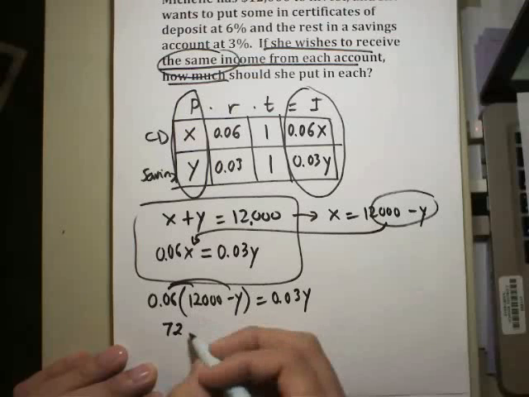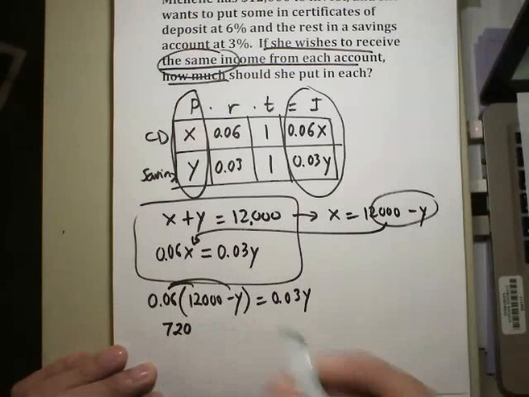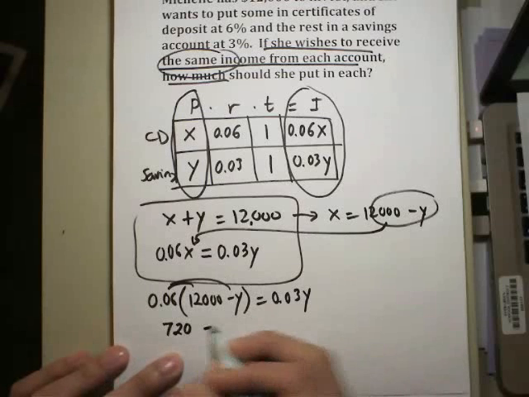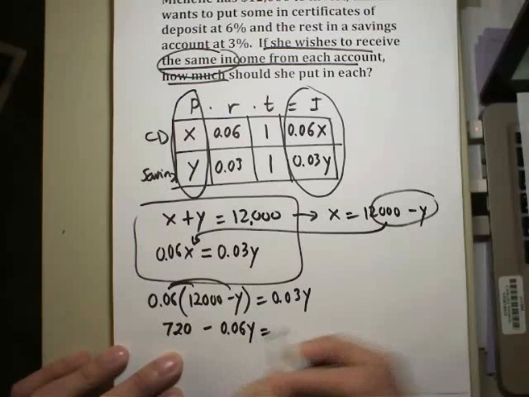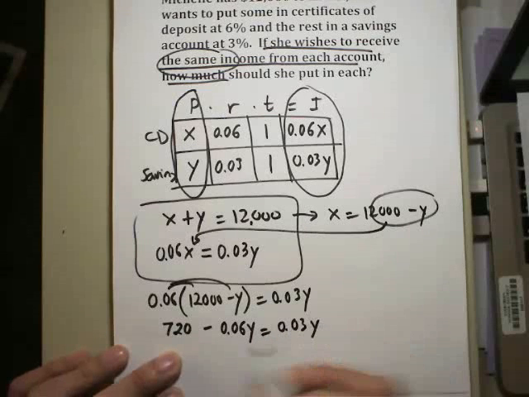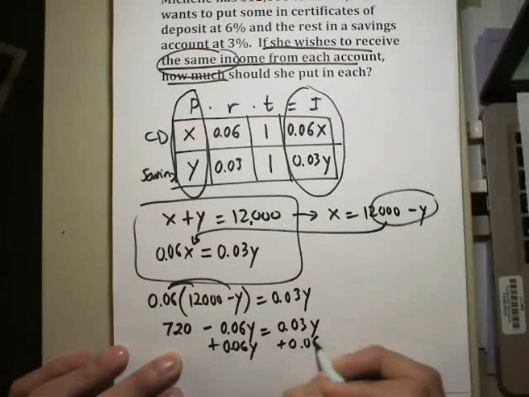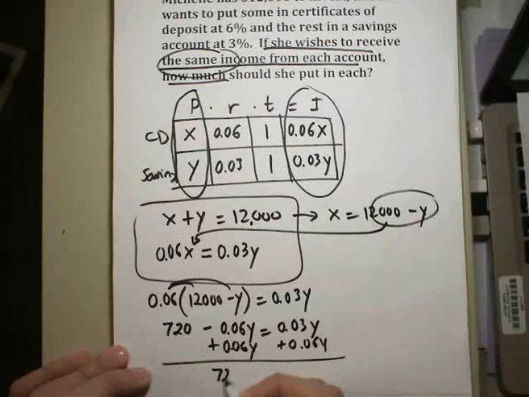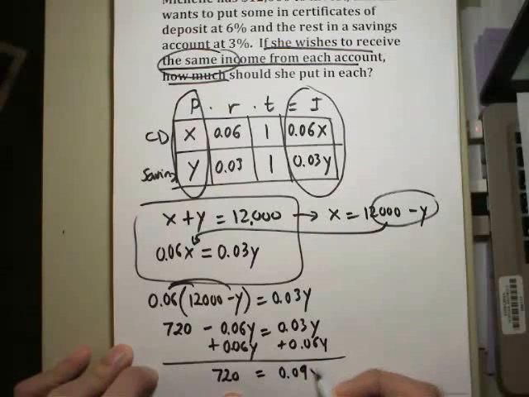6% of that is going to be $720. And this is going to be 0.06Y, and then 0.03Y added over. So $720 equals 0.09Y.